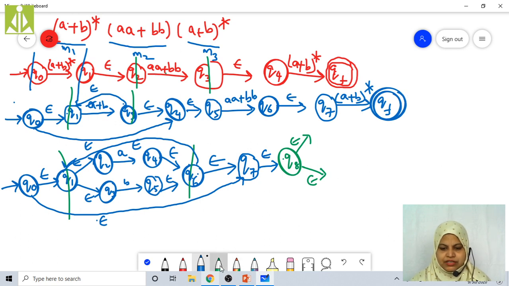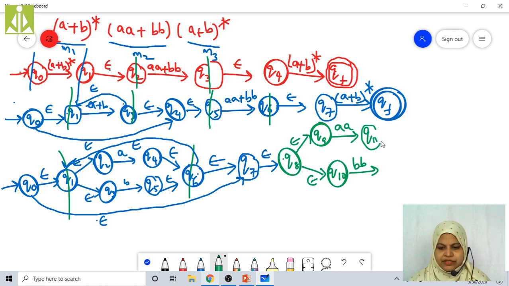Now here Q8. Now we are solving this one. Q5 to Q6. Epsilon, epsilon, Q9. So this is AA, Q10. This is BB, Q11, Q12, epsilon, epsilon, Q13.